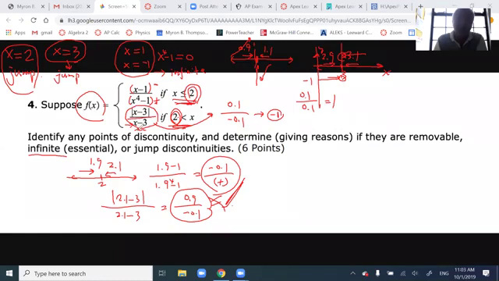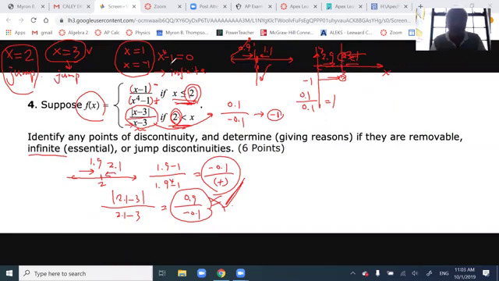So x minus 3 equals 0, so x equals 3. That's another discontinuity, and you study both sides of the limits to see if they are equal, a jump, or infinity. So this also belongs to a jump.